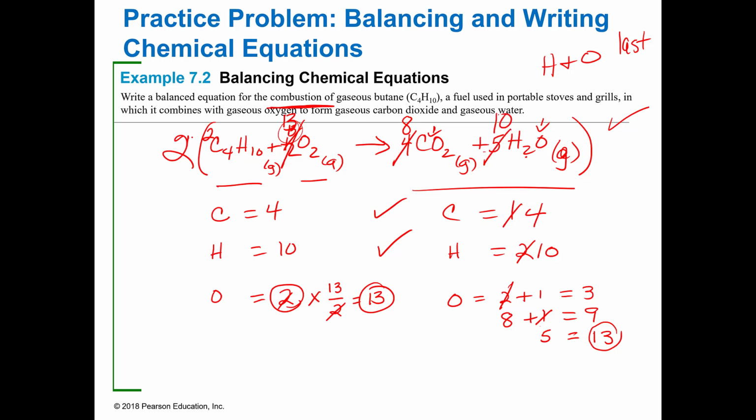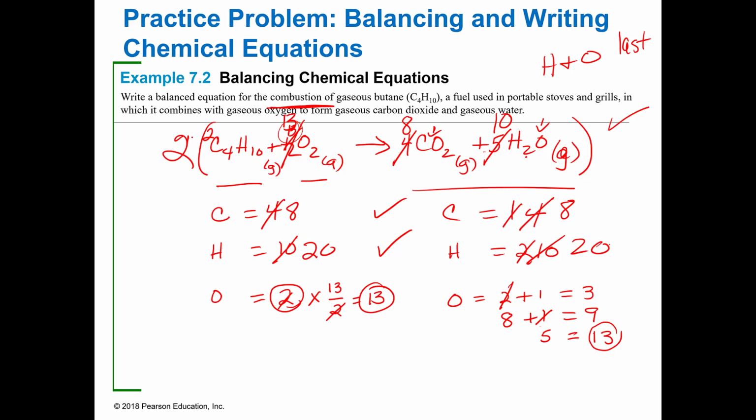All right, and so then I'm going to go back and make sure that I have the same amounts on both sides. So I now have 8 carbons over here and I have 8 carbons over here, and on the left hand side I have 20 hydrogens, and over here I have 10 times 2 is 20 hydrogens.